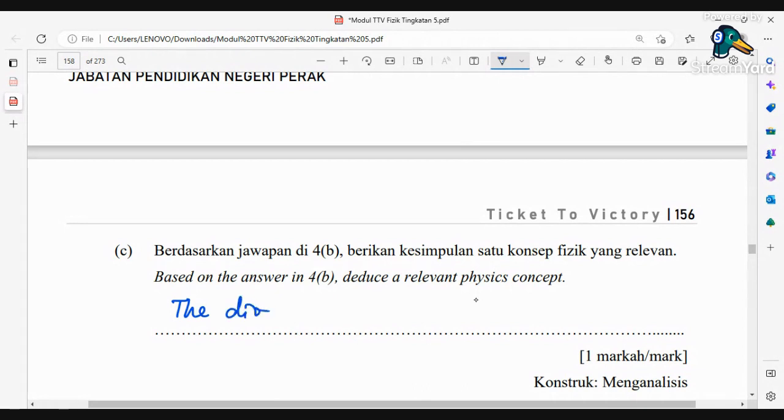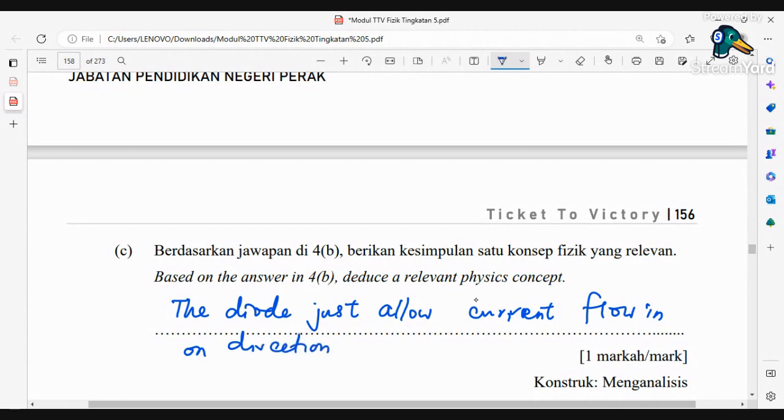The diode just allows current to flow in one direction only, that is forward bias connection.